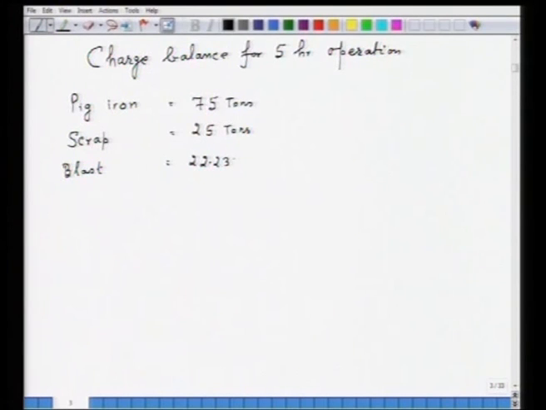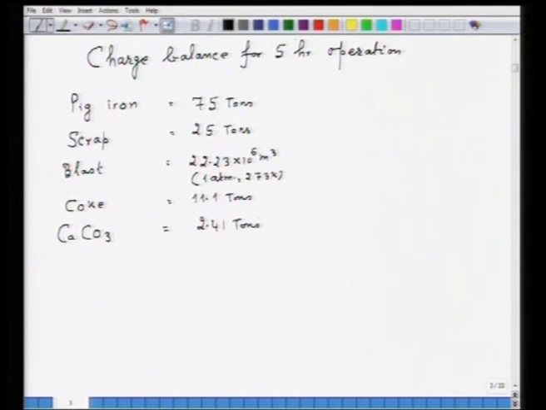The blast will require 22.23 into 10 to the power 6 meter cube, measured at 1 atmospheric pressure and 273 Kelvin. Coke, we will need 11.1 tons, and calcium carbonate will be equal to 2.41.